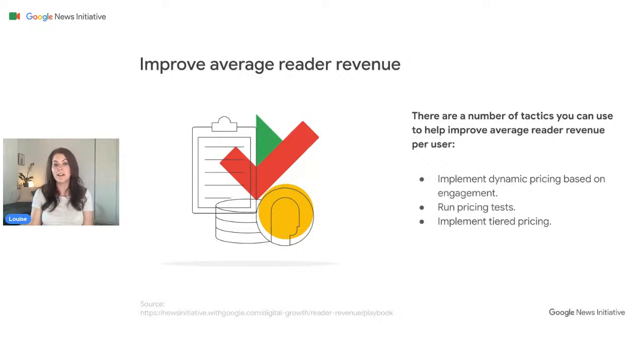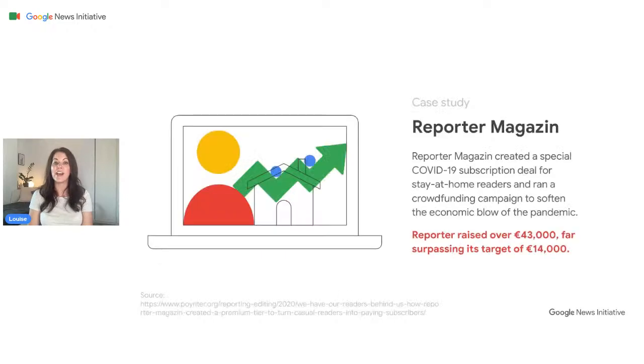Newsletters can be targeted using reader attributes, and email campaigns can also be tested using those A/B groups. And implement tiered pricing, across both subscriptions and contributions. News organizations can implement tiered pricing models for different tranches of their subscription and contribution programs. So just a few things to think about on there.